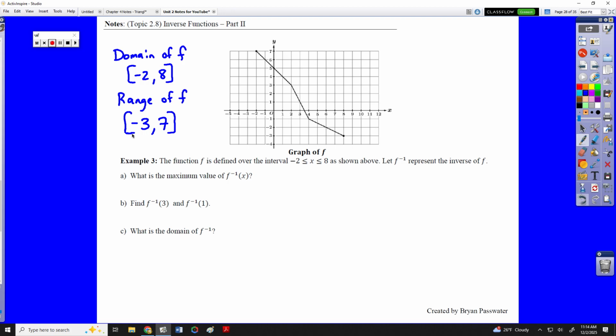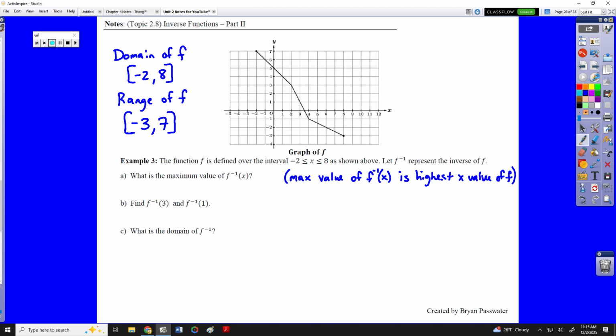So when it asks what is the maximum value of f inverse of x, we would say to ourselves, the max value of f inverse of x is the highest x value of f.